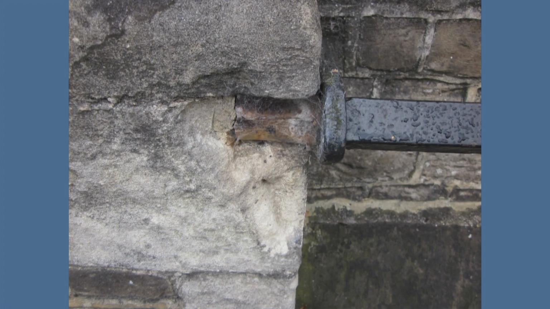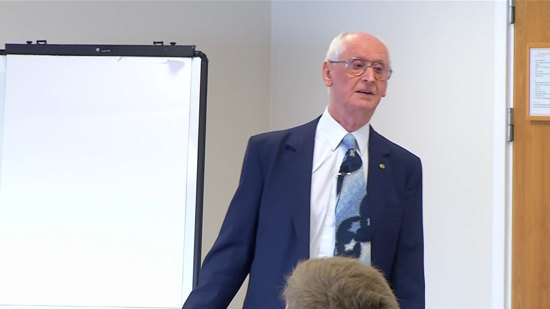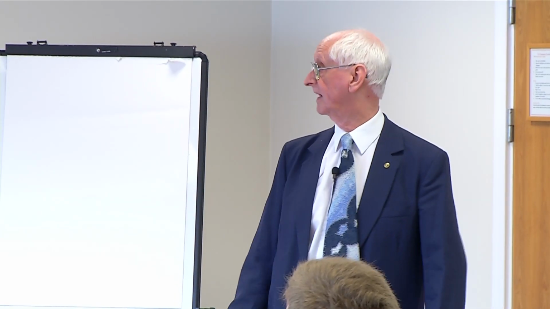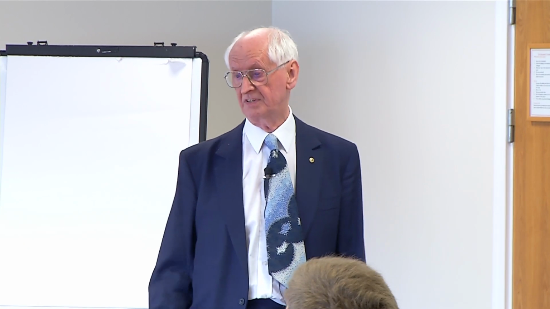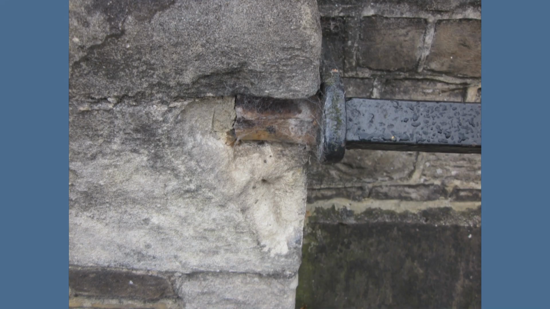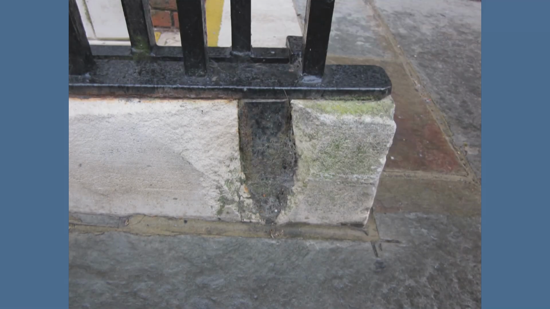Down the bottom here, where it's nice and white, the rust is much newer. So it is still deteriorating, and we have evidence of that over a long period of time. And unless something is done, it will continue to deteriorate as the rust expands and blows the stone apart.